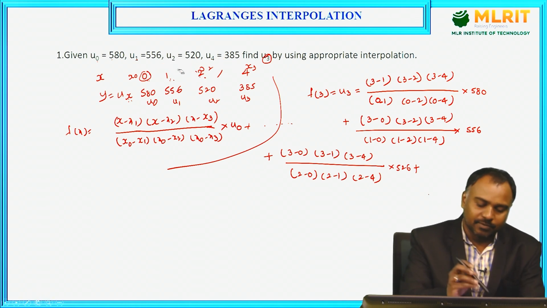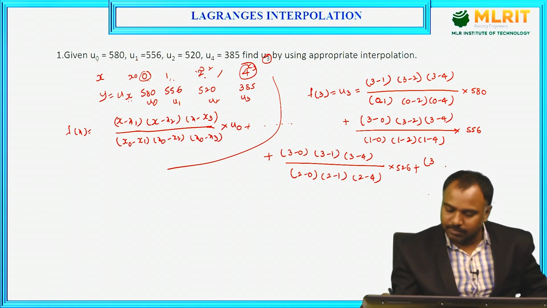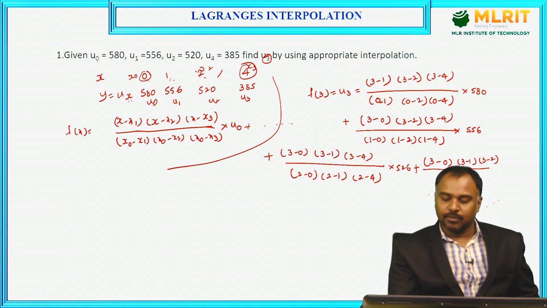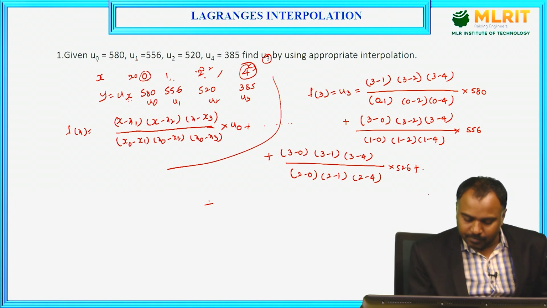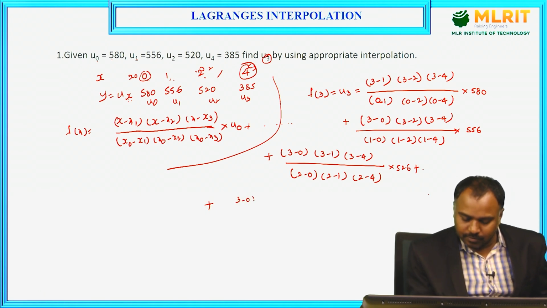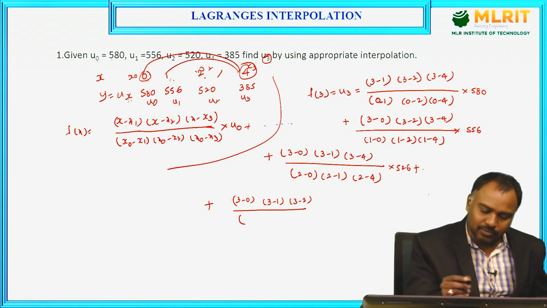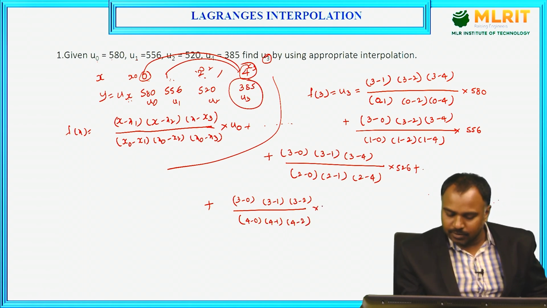In a similar way, there is the fourth term, one more term. Except this term, all the remaining: 3 minus 0, 3 minus 1, 3 minus 2, divided by this particular term minus the remaining terms: 4 minus 0, 4 minus 1, 4 minus 2, times the respective function value 385.